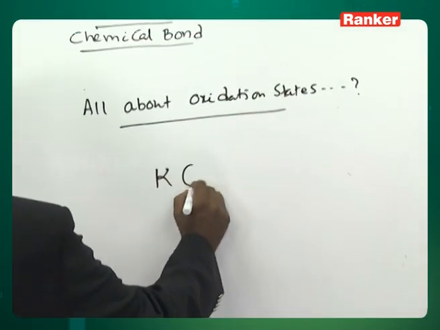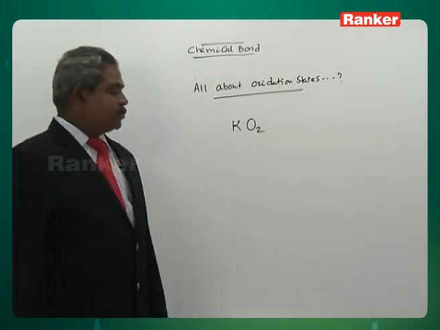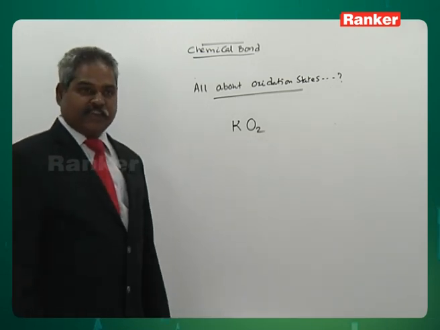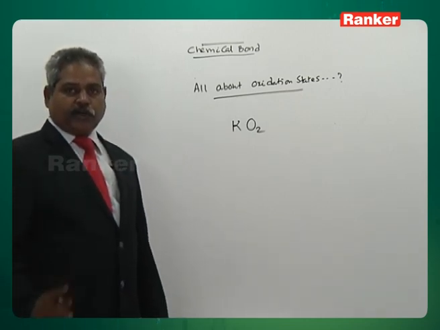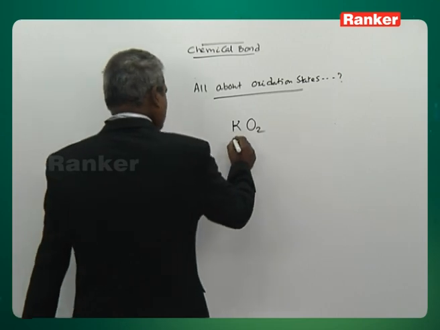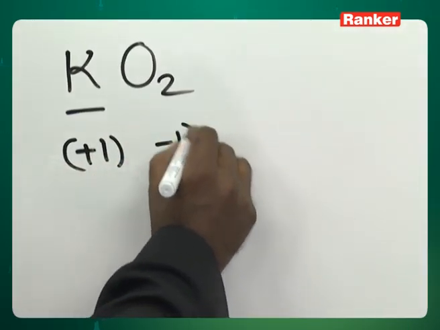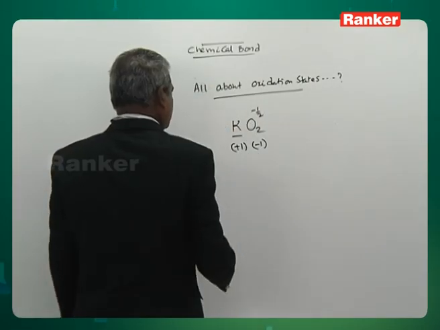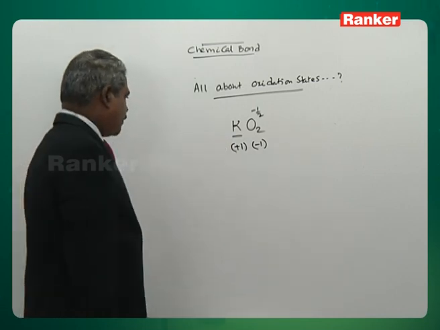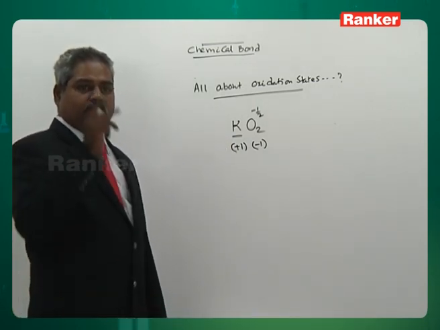Now, what is the name of KO2? The name of an oxygen compound depends on its oxidation state. What do you know about K? First group, potassium, fixed. So, potassium is always plus 1 and the 2 oxygens together get minus 1, each oxygen minus half. Oxygen got minus half because potassium is willing to lose only one electron. It doesn't give more than one electron.